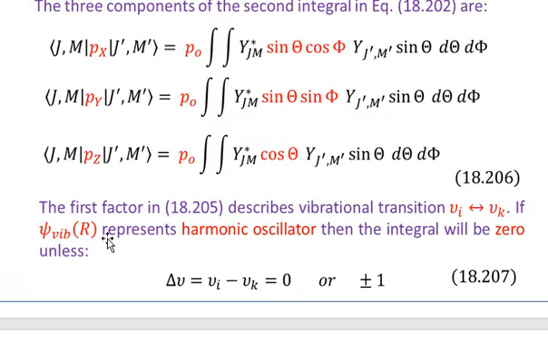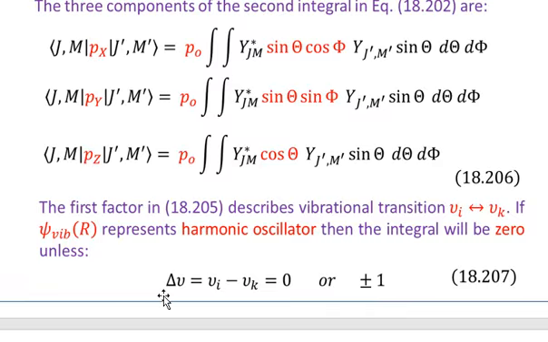If V vibrational as a function of R represents a harmonic oscillator, then the integral will be 0 unless delta V equals Vi minus Vk equals 0, or delta V equals plus or minus 1. That is, we are considering transitions between the same vibrational levels or between vibrational levels which vary by plus or minus 1.